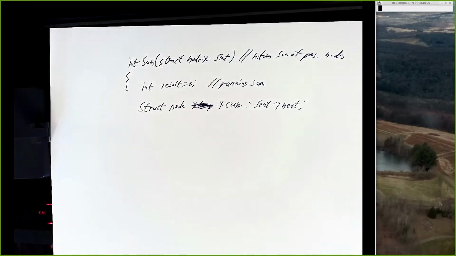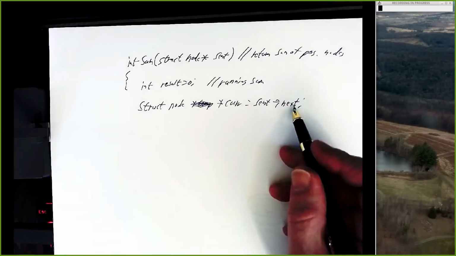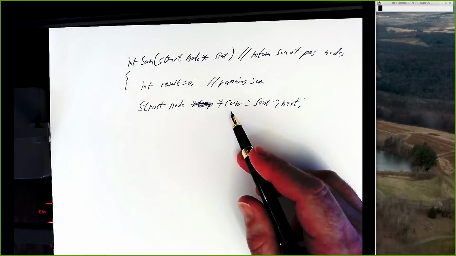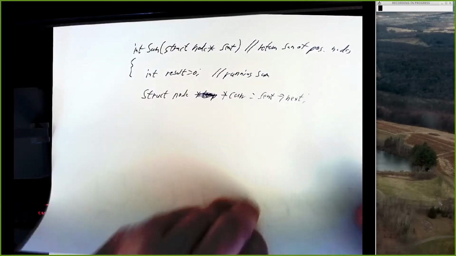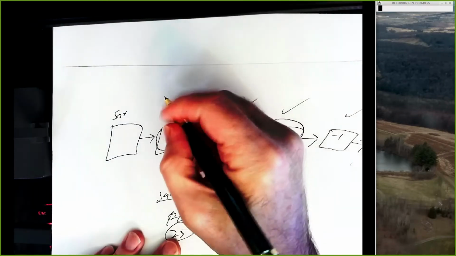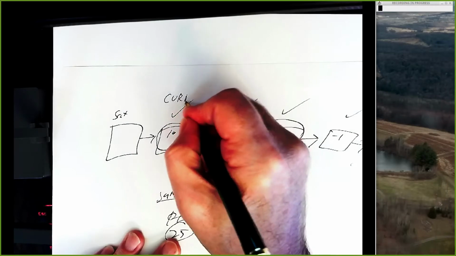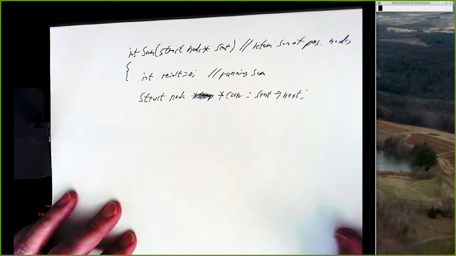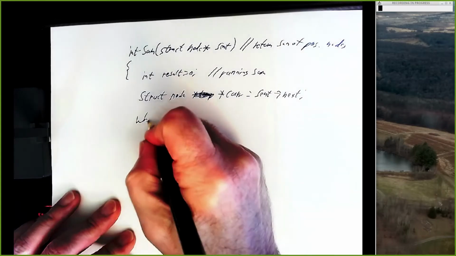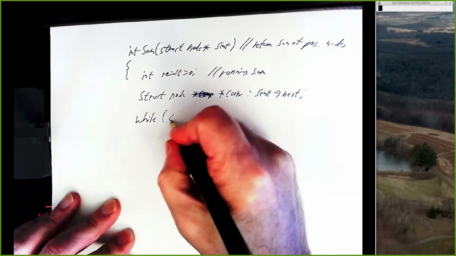And if the list is empty, this will be null. Well, we can certainly set current equal to null. That's not going to cause a problem. If the list is not empty, current would be whatever that first node is in the list. So if it's not empty, it's going to be this node right here. If it's empty, it'll be null. And then our usual loop structure is while the node we're about to work with is not null.